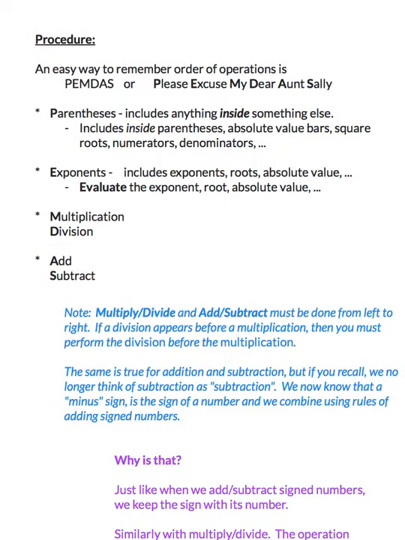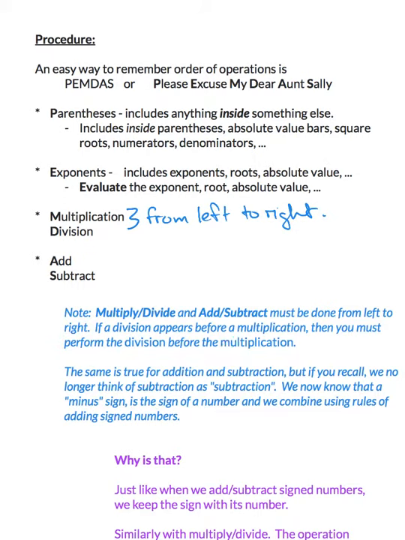From there, we have multiplication and division. One thing to note with multiplication and division is that they must be done from left to right. If you note here, down at the bottom, must be done from left to right.